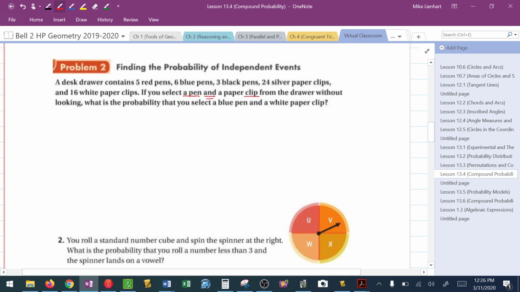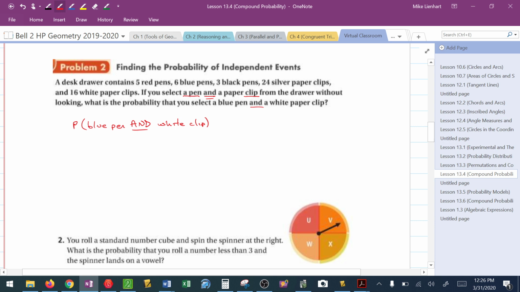What is the probability that you select a blue pen and a white paper clip? So they want me to find the probability of a blue pen and, there's that key word again, a white paper clip.